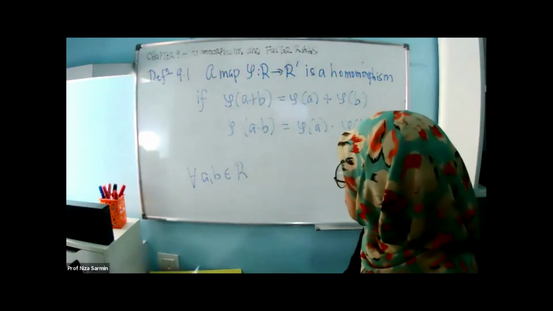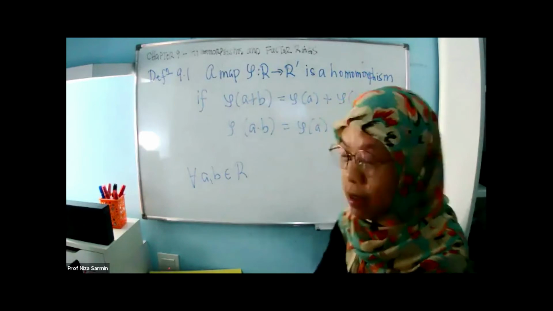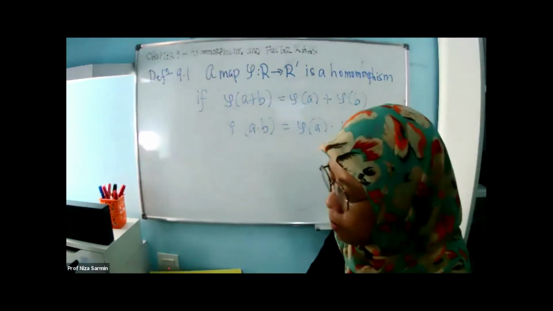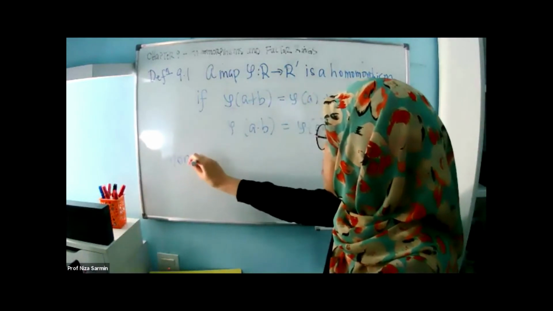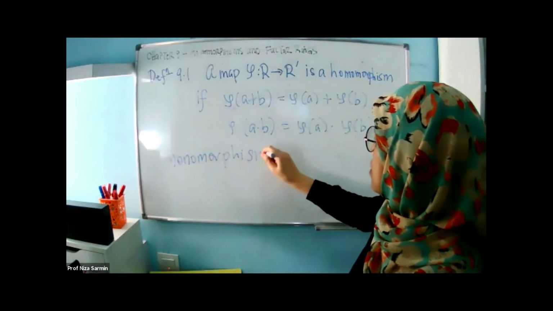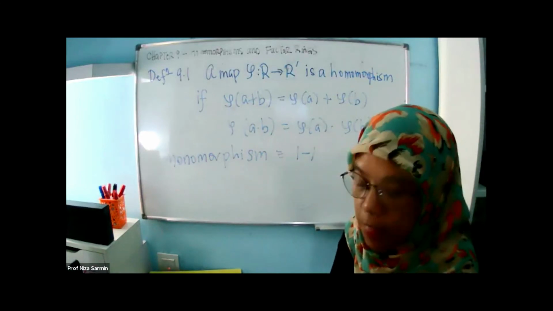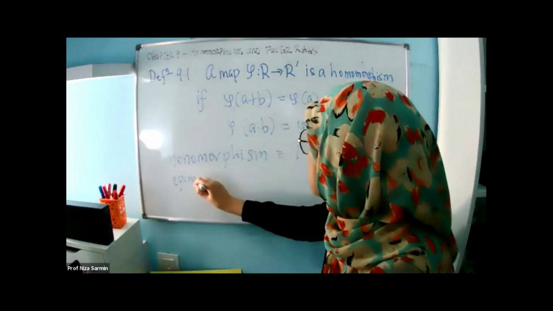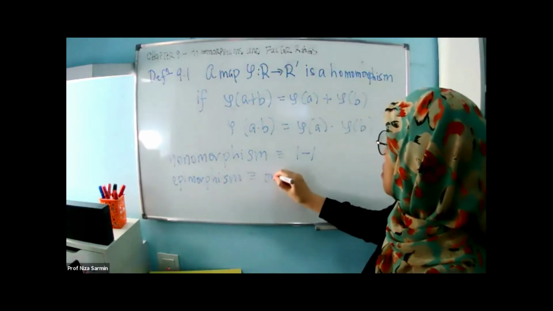If you remember, I asked you to find the definition of so many different mappings. Monomorphism means one-to-one. Epimorphism is onto.